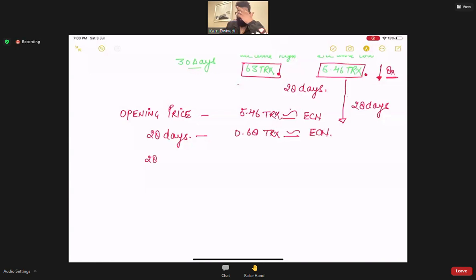One more month, 28 days more, opening price will be 0.68 TRX. Consider the same drop, 1/8 a month, because every week you are going down like 2 times. So 0.68 divided by 8.